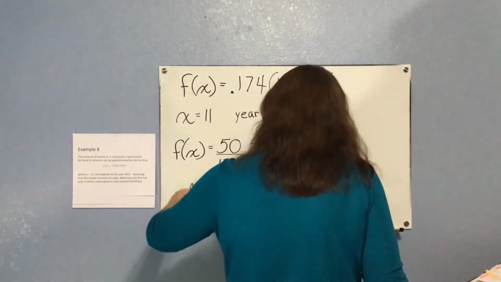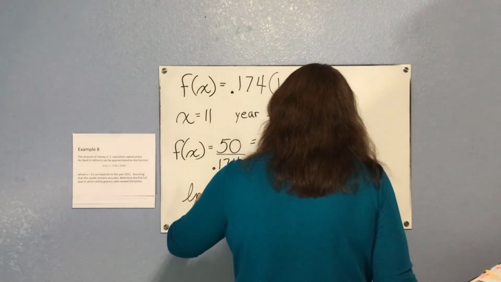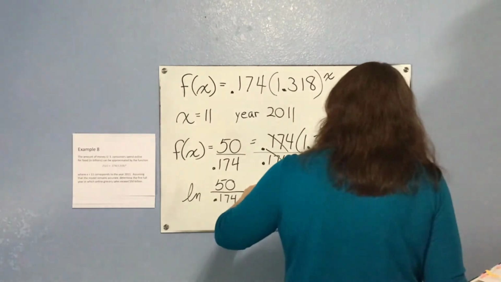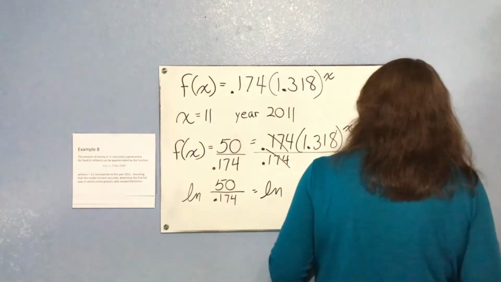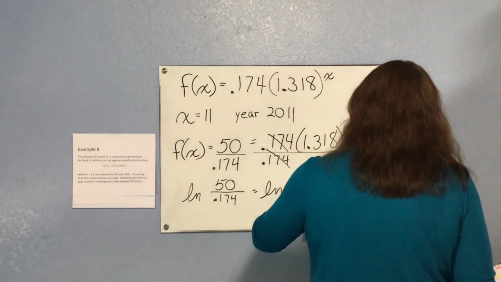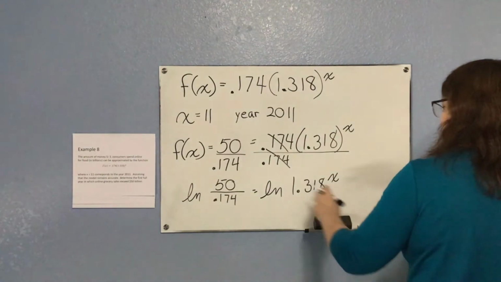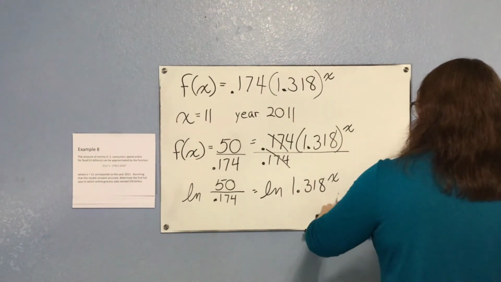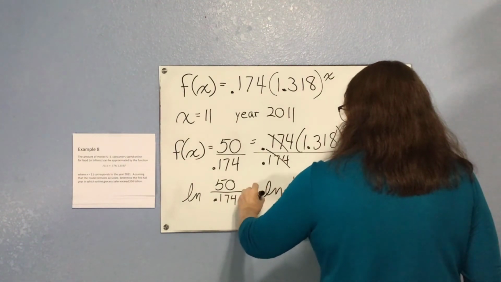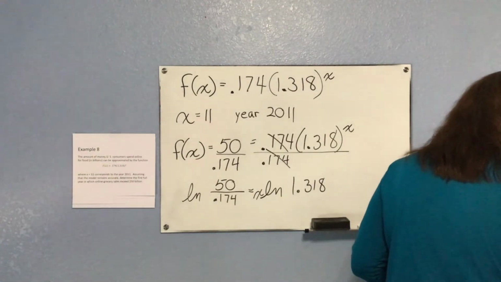I have the natural log of 50 over 0.174 equals the natural log of 1.318 to the x power. And since this is now a logarithm, I can move the x from the exponent and bring it out front here like that.